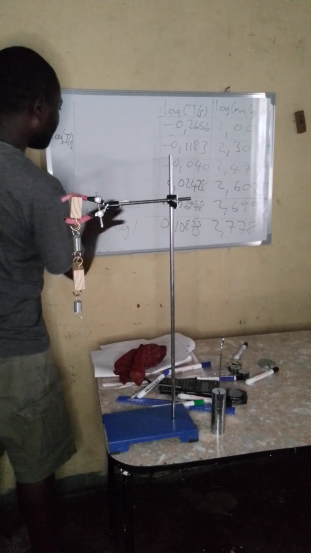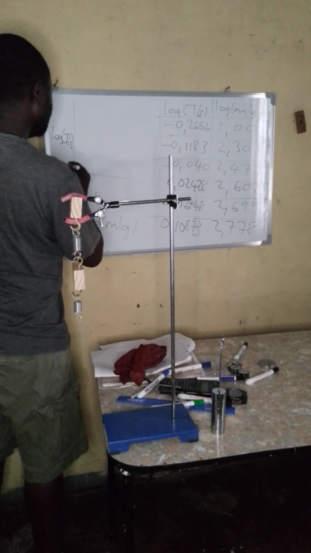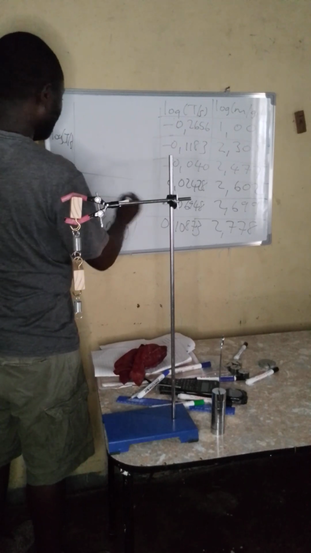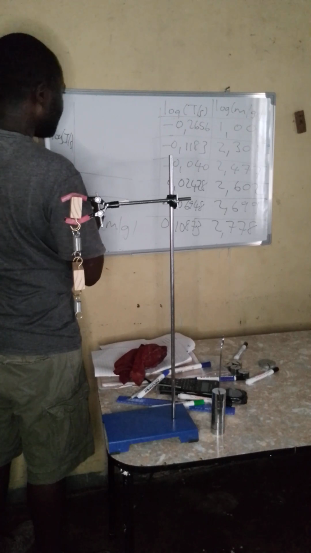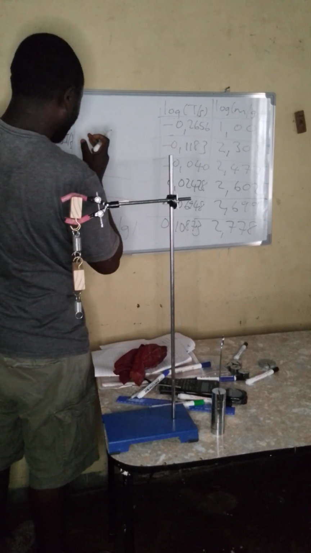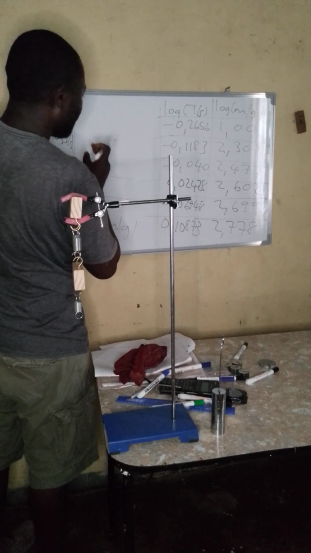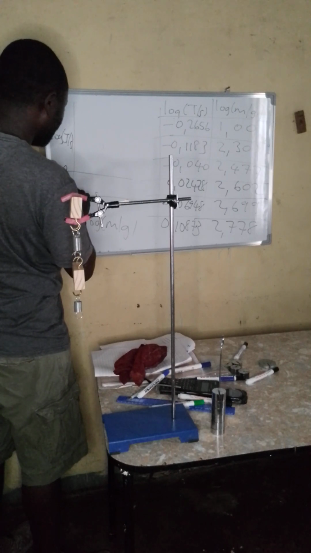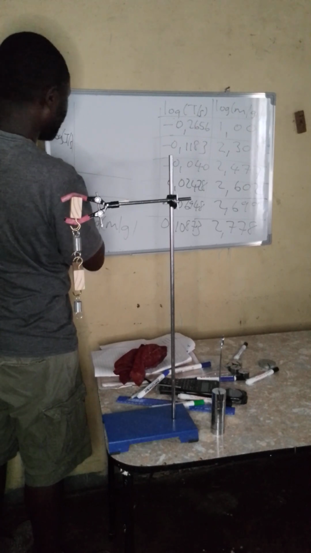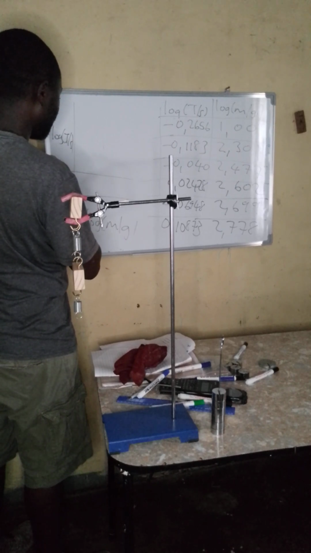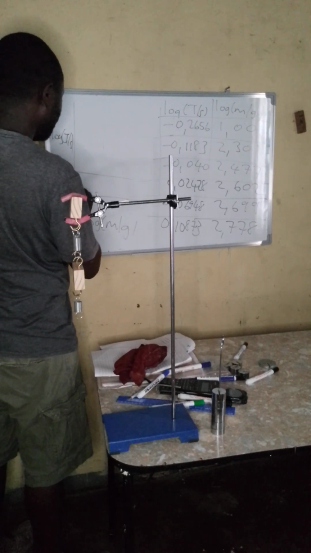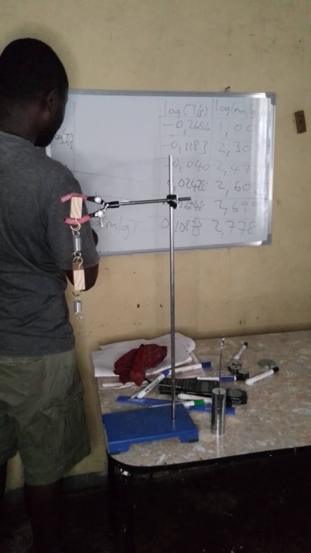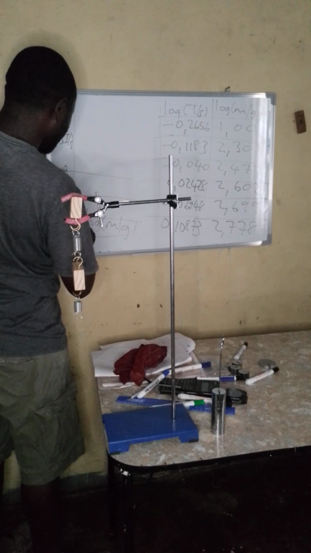In this graph we have a 0 there, so we should have minus 0,05, minus 0,1, minus 0,15.